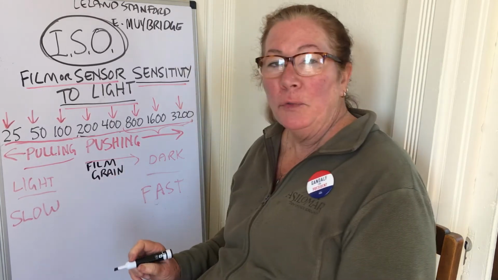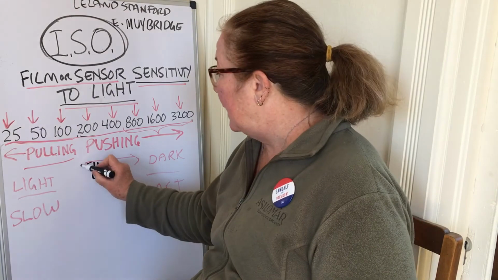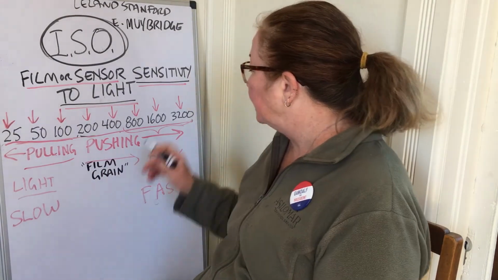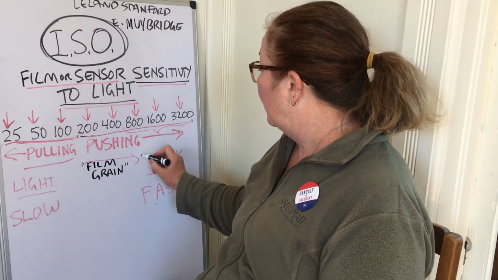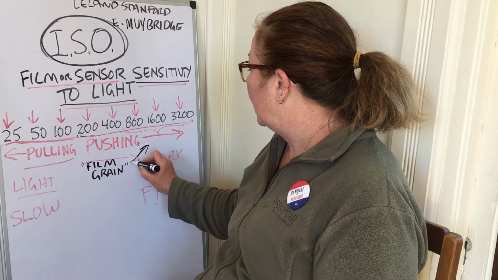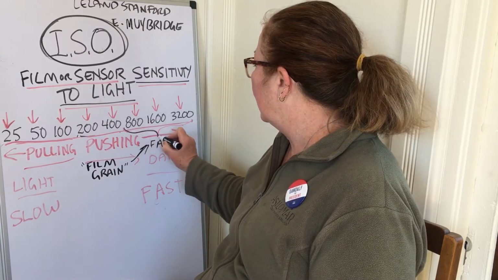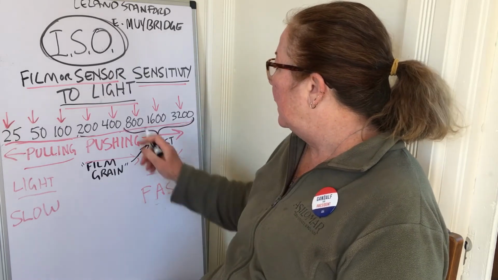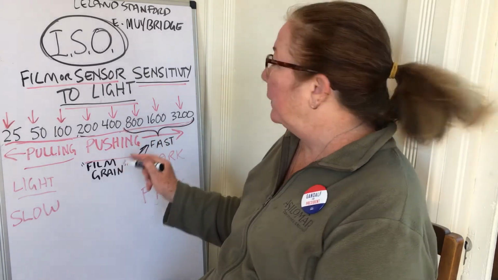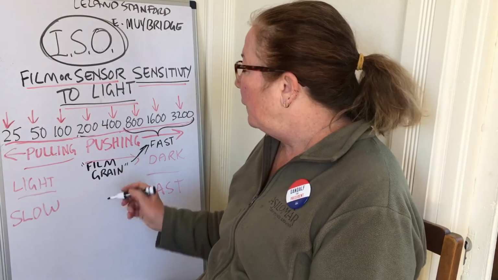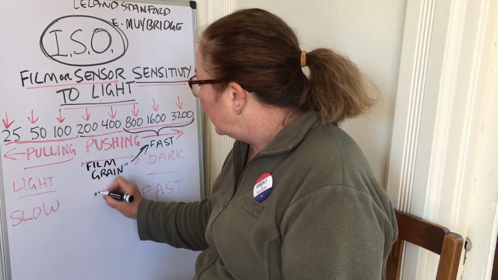It's an actual look that you can see in fast film. That's these ISO numbers over here. Film grain makes your photo look a little grainy.